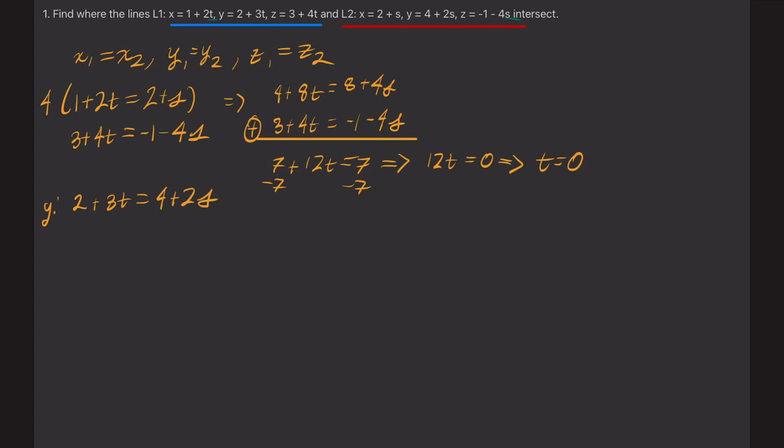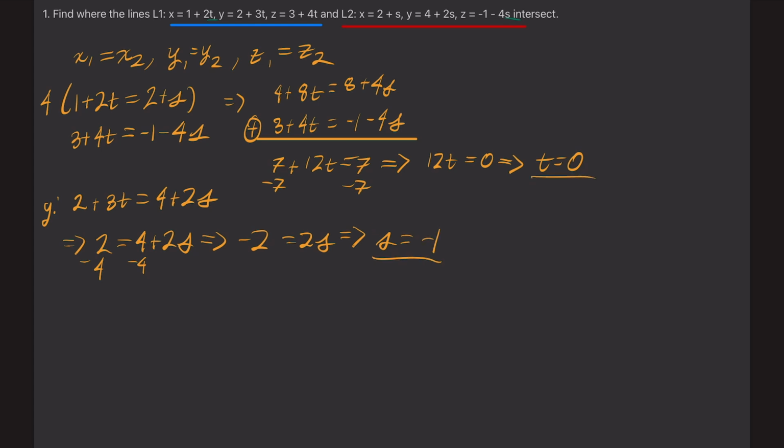We know what t is, so therefore 2 equals 4 plus 2s. If you subtract 4 from both sides of the equation, -2 equals 2s. So s is going to be equal to -1. So those are our values for t and s.